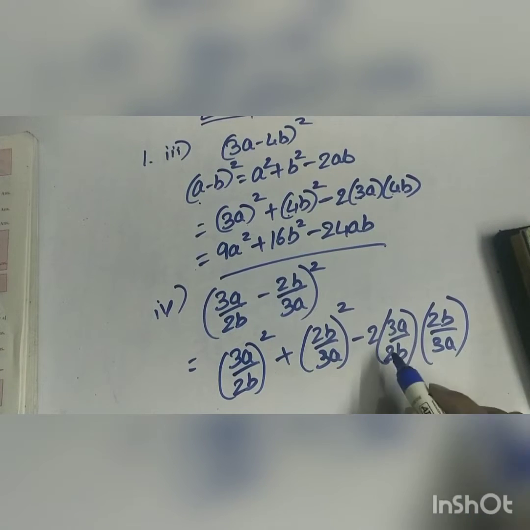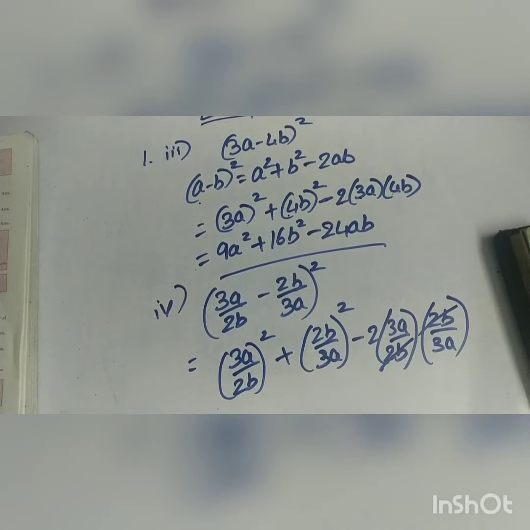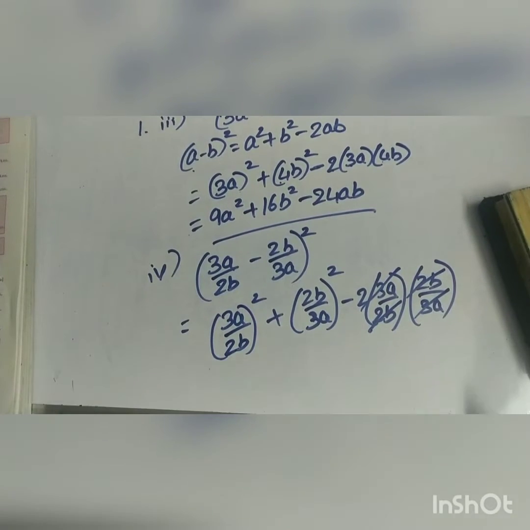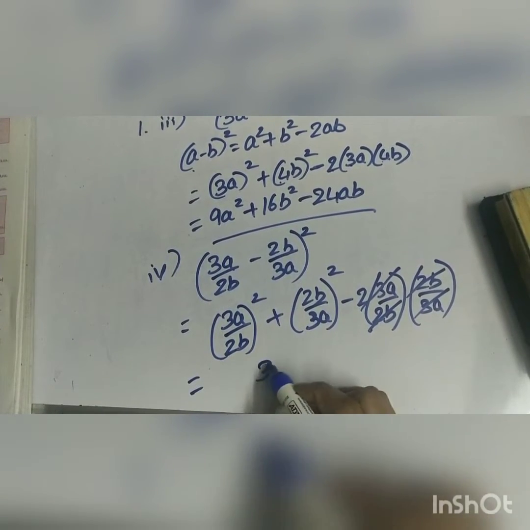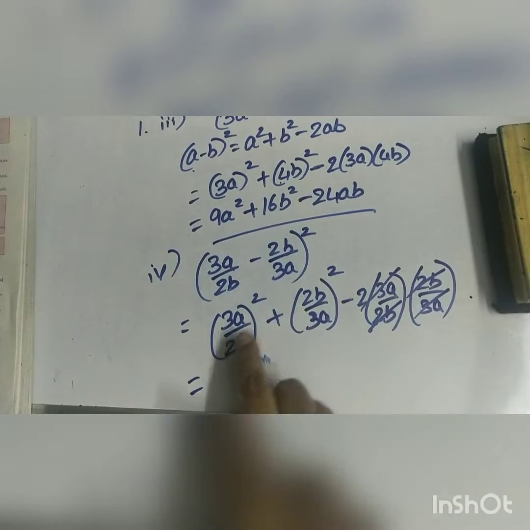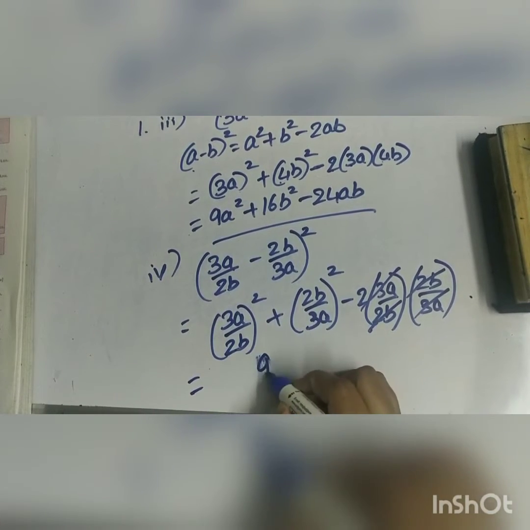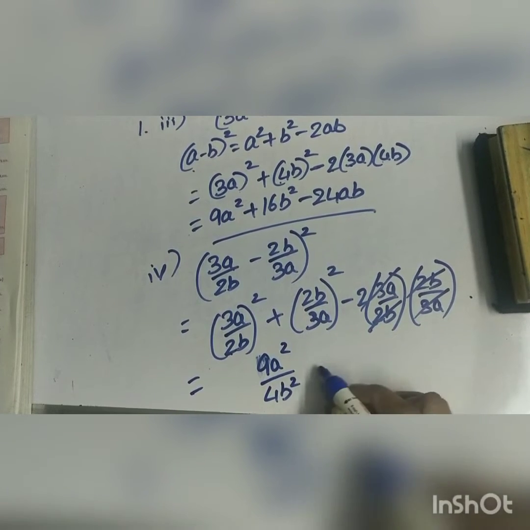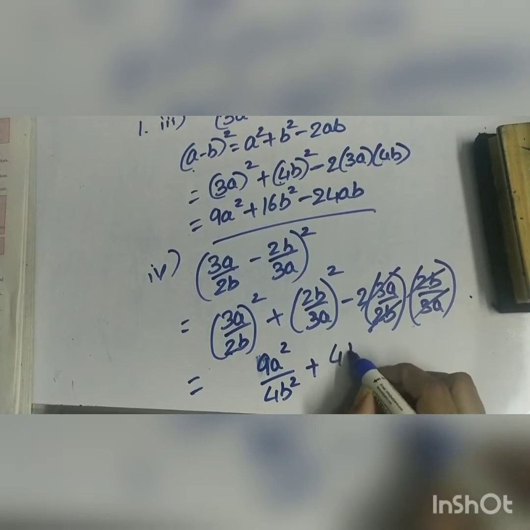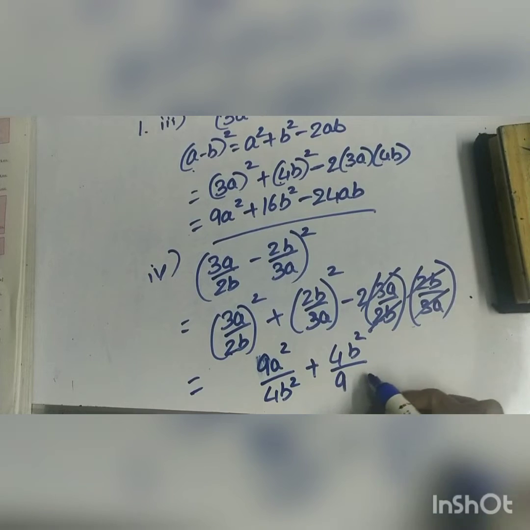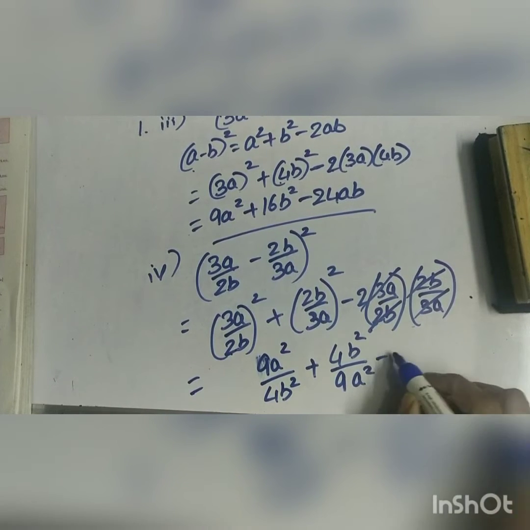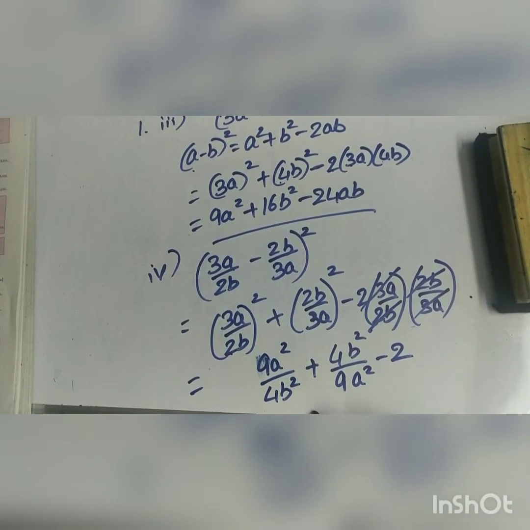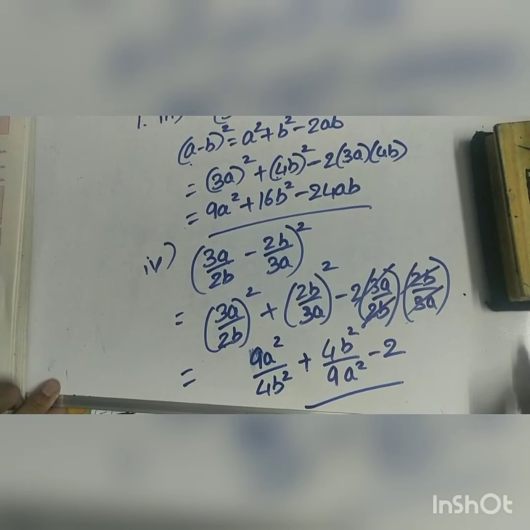So here in this step, 2b gets cancelled, 3a gets cancelled. So what remains is just the 2 here. The final answer would be 9a square divided by 4b square plus 4b square divided by 9a square minus 2 as it is.